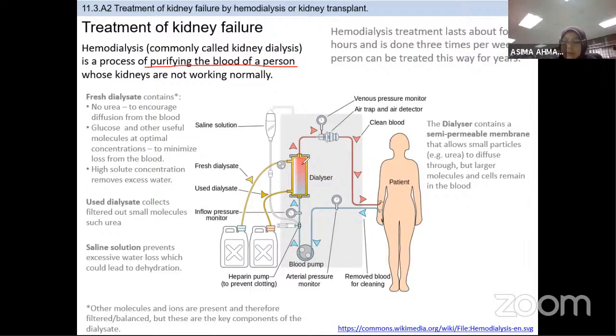Oh, ya ke? Cikgu ingatkan size kita punya heart saja, size of our fist. Kidney size normal, yeah, 10 to 12 cm, about 5 inches. Alright, so about 5 inches, 10 to 12 cm. Alright, so that's the size of our kidney. Bila kita nak buat dia, alright, it has to be this huge.